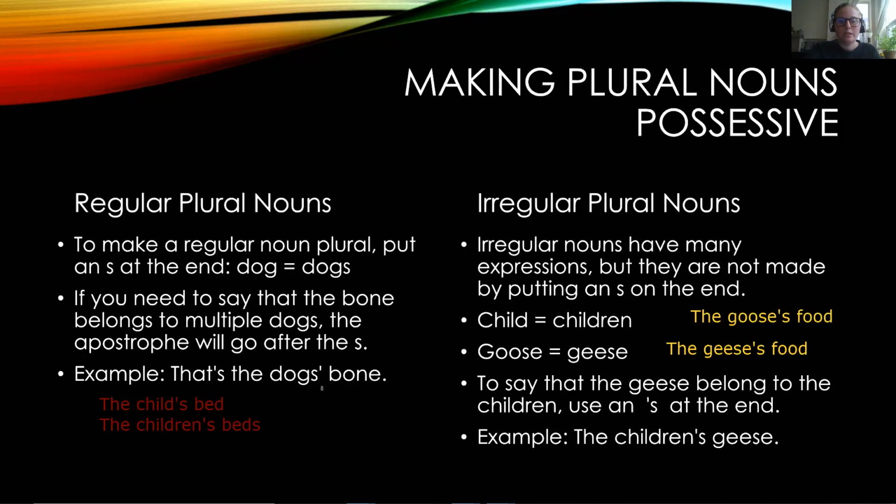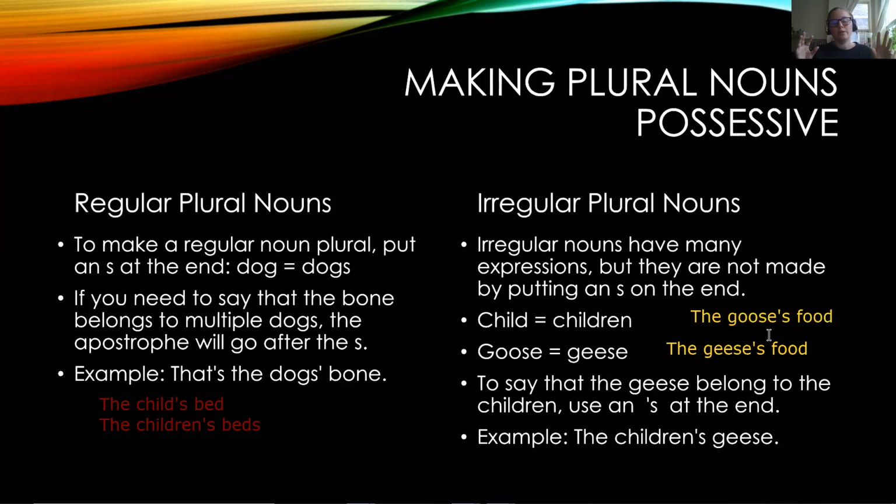This apostrophe does not make something plural. It's the S or the word's form that changes from goose to geese, but showing that possession belongs to that apostrophe, that this apostrophe shows that this bone belongs to these dogs. This apostrophe shows that the food belongs to the geese.